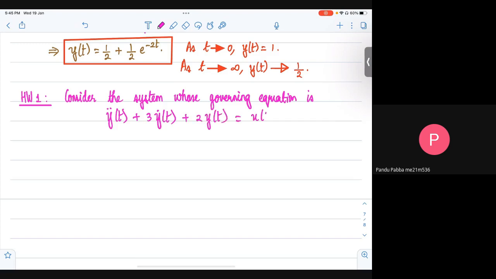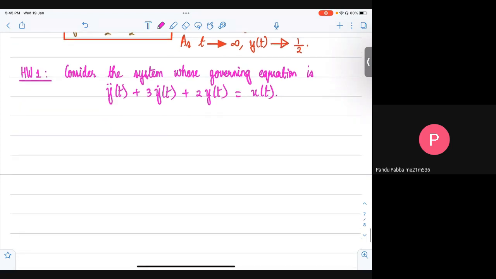So this is a second order linear ordinary differential equation in time. Please take the Laplace transform, find the free response component and forced response component.